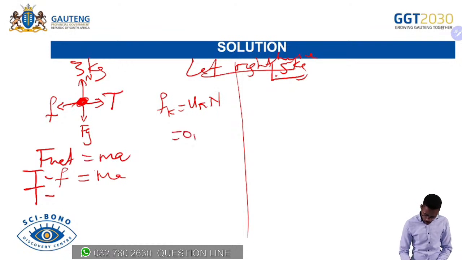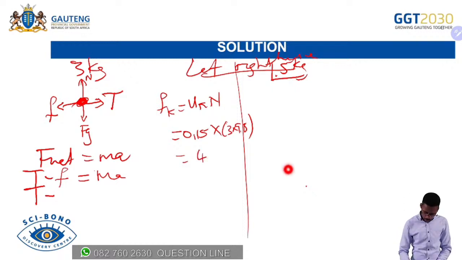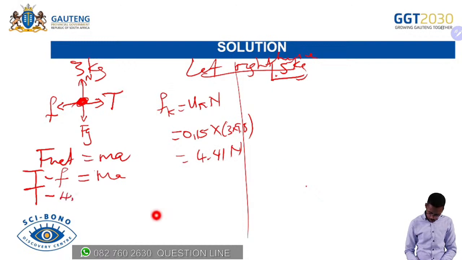So you can say 0.15 multiplied by mg, which is 3 times 9.8. You are going to get 4.41 newtons. So here you are going to get 4.41 is equal to 3a. So you can make this equation 1.